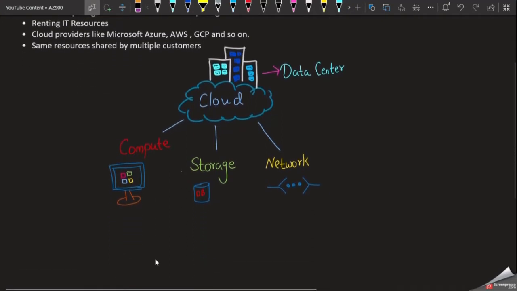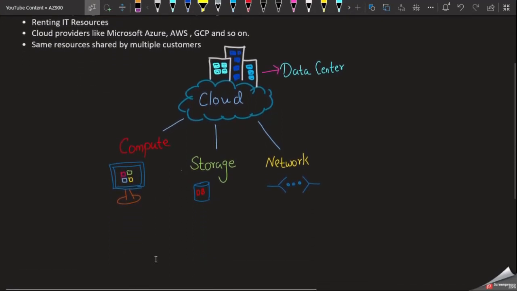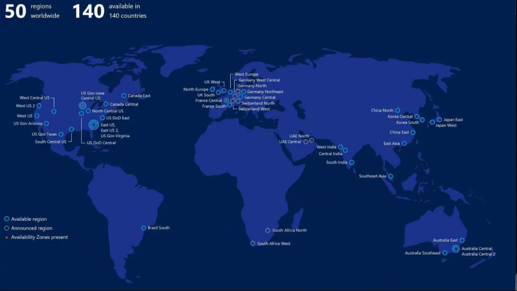Okay, if you see this diagram, normally the companies which provide cloud services are called cloud providers. For example, we can take Microsoft Azure, AWS, GCP, Google Cloud Platform. They are providing cloud services, so we can call them cloud providers. Actually, what this cloud provider will do is manage data centers all over the world.